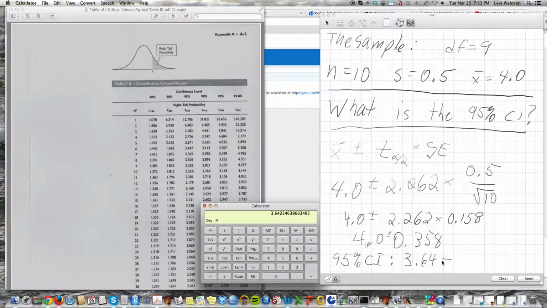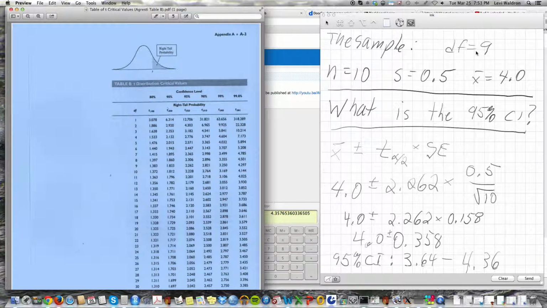And the upper bound is 4 plus the 0.358, and that's 4.36. And that's all there is to it to get a 95% confidence interval from a sample using the t-table.